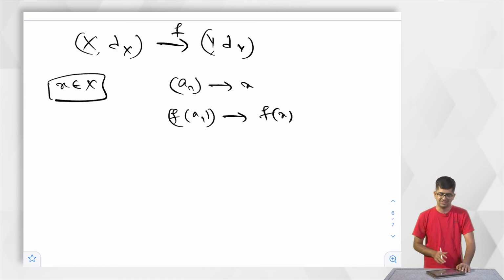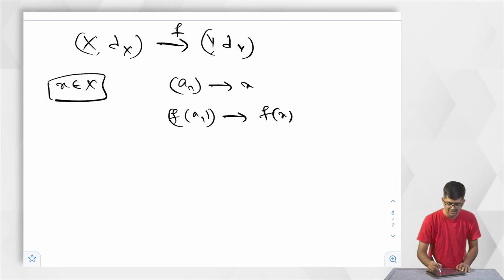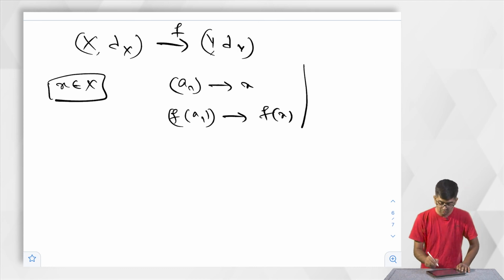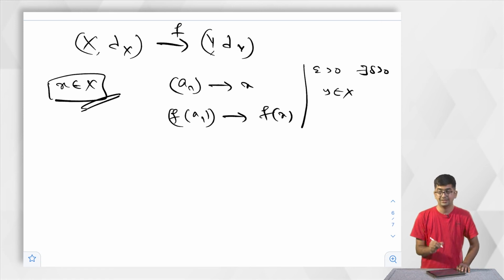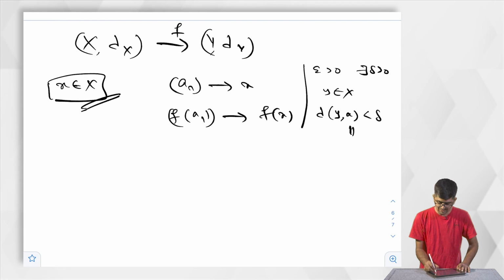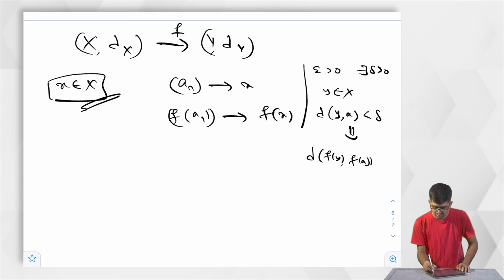This is one description. Then there is an epsilon-delta description. Given epsilon positive, there is a delta positive such that whenever y belonging to X is such that the distance between y and x is less than delta, we should have the distance between f(y) and f(x) less than epsilon.